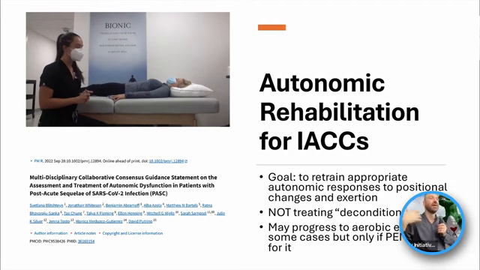These are things where you're up on a treadmill or on a recumbent bike doing aerobic exercise. Autonomic rehab for infection-associated chronic conditions is different. We start with the patient supine lying. We're doing very gentle limb movements. We're pairing those movements with breath work, and we're not exceeding exertion levels of more than 3 out of 10 on perceived exertion scale.